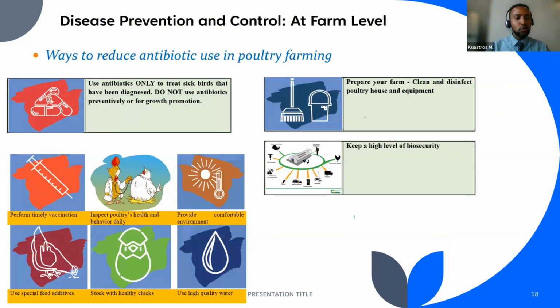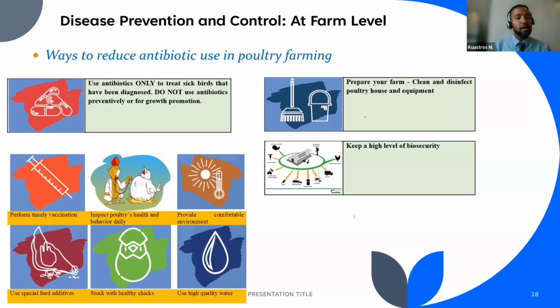The first one is to use antibiotics only to treat sick birds. I will discuss later some of the experiences that we have had while working with poultry farmers, producers. They just treat animals on the assumption that if I treat my animal, then it will produce a good number of eggs, or the chickens will reach good market weight.